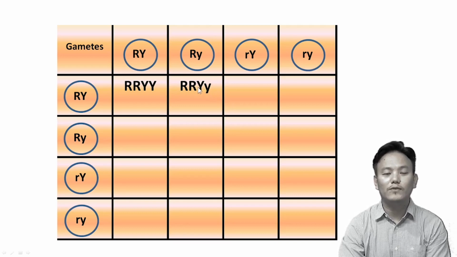You cannot write small y and then capital Y over here. It is by convention. You may do that, but it is more convenient for you to write it in this particular manner. And these two can fertilize each other and give this particular genotype.